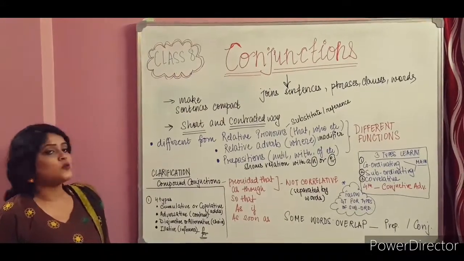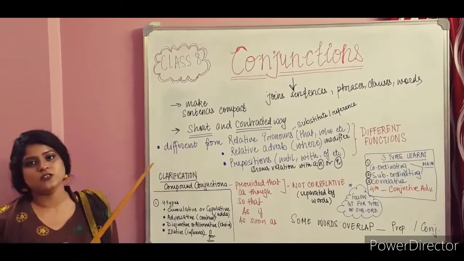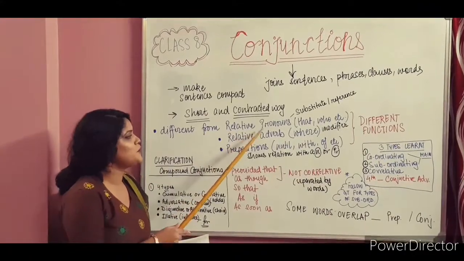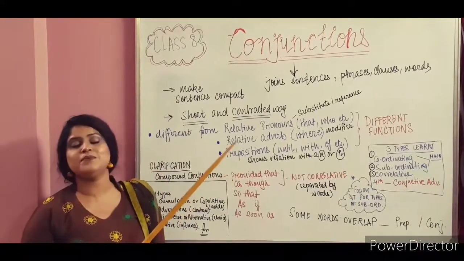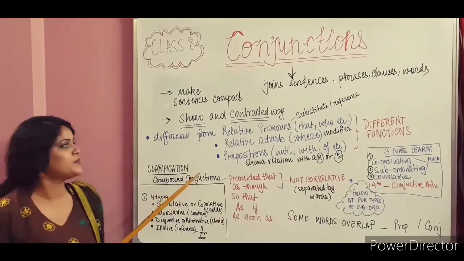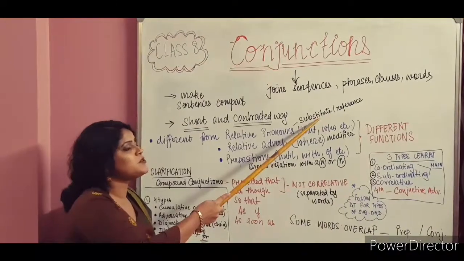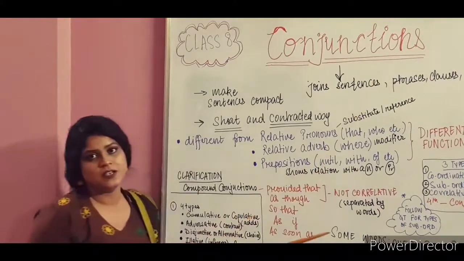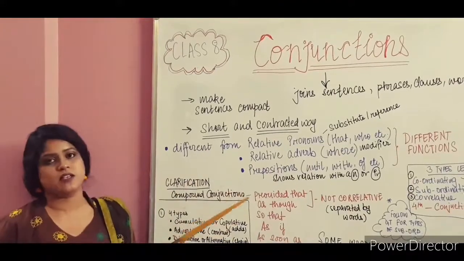So now we move on to how we differentiate conjunctions from the other kinds of parts of speech. It is very different from relative pronouns. You always make the mistake of using conjunctions in place of relative pronouns when you are asked to join sentences with them. Relative pronouns, you have to understand, are a substitute for the noun, and they are used for reference, when you have to refer to the subject in the same sentence.